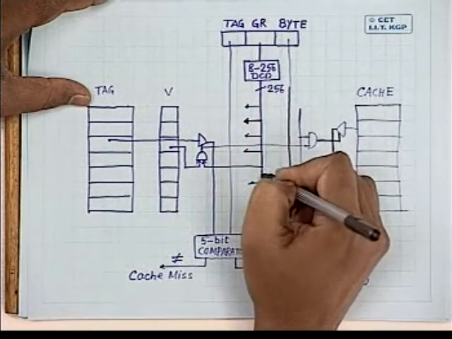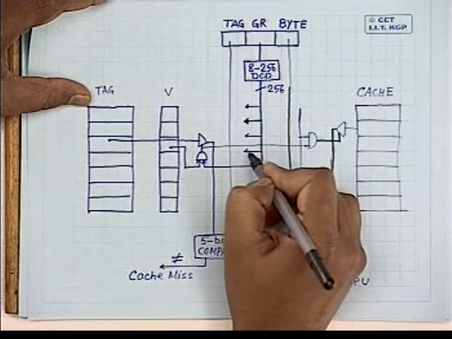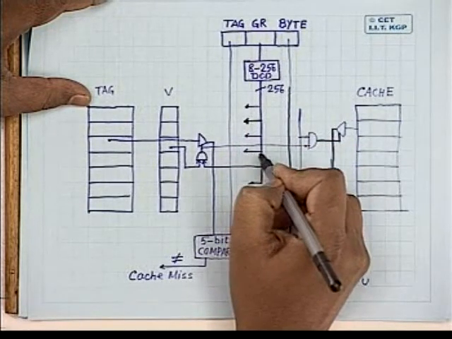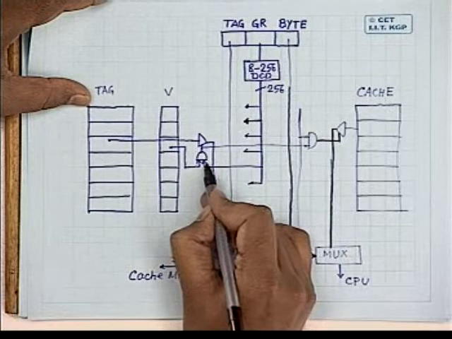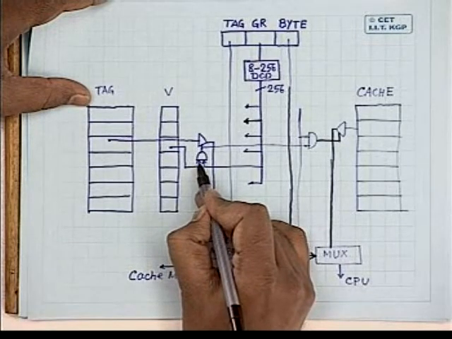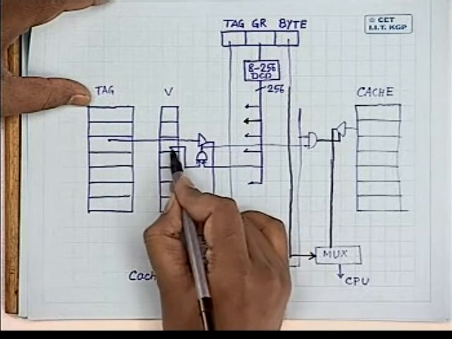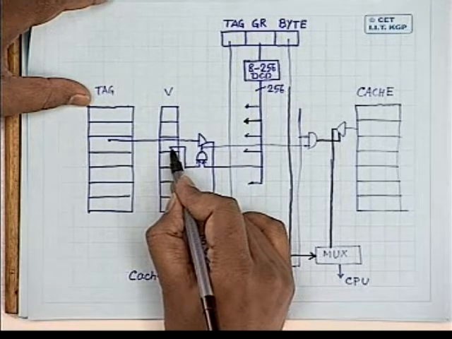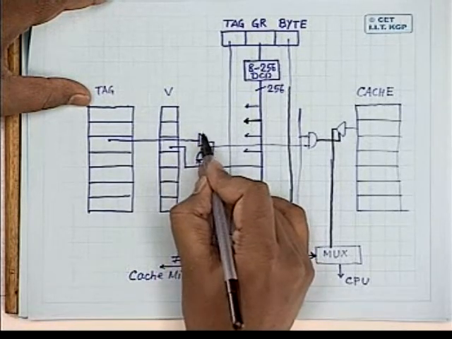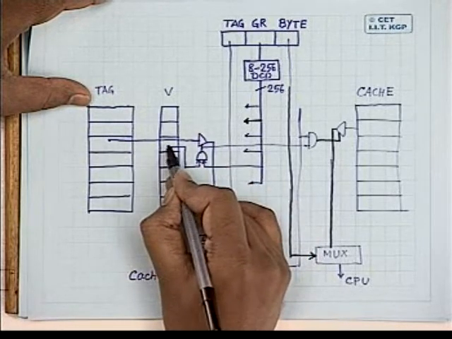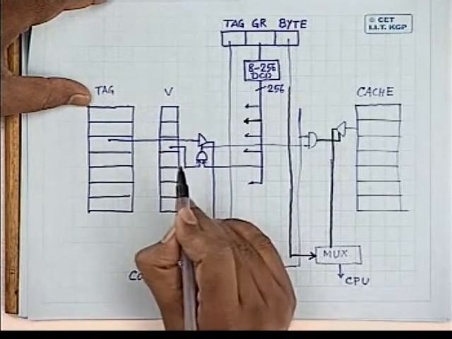Out of this, I'll have one of the outputs active. That output has to be fed to two such AND gates. One of the inputs to the AND gates will come from one valid bit. The input of the other AND gate will come from the other valid bit belonging to the same set.